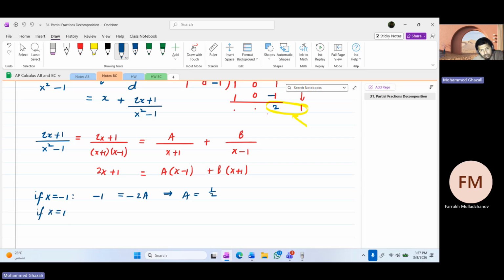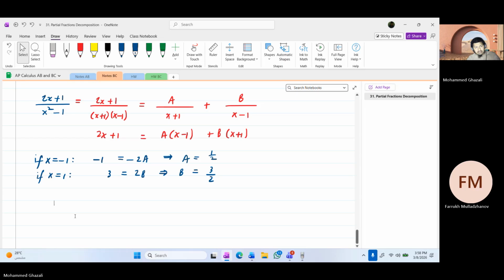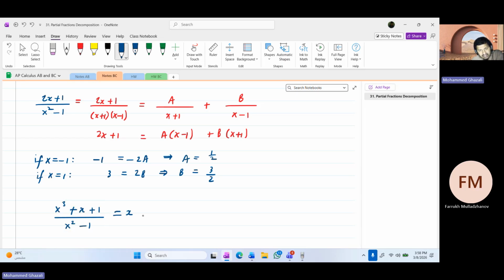If x is equal to 1, a falls out. So that's 3 is equal to 2b. So this implies the value of b is equal to 3 over 2. So what's your final answer for a problem like this? Because remember, you got a and b. So your final answer for a problem like this is equal to, remember that part gave us x plus, what's the value of a?